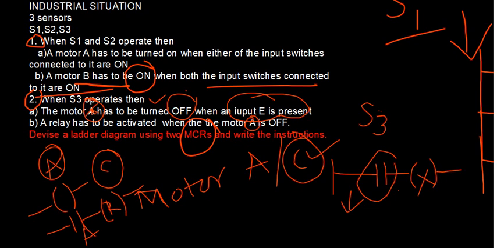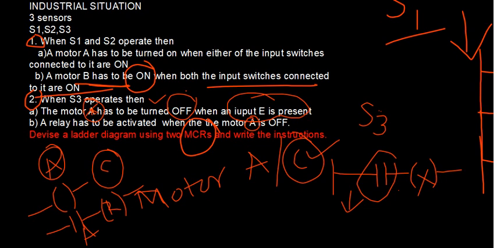Then in order to make your motor to be turned off or something like that, one more switch, that is S3, again that will take care of two more conditions, and that will take you to the master control relay operation MCR 2.